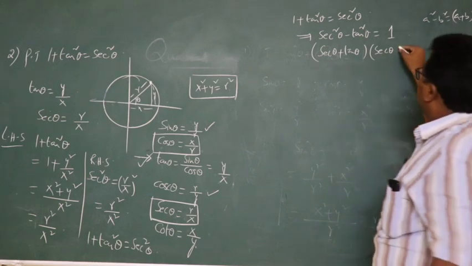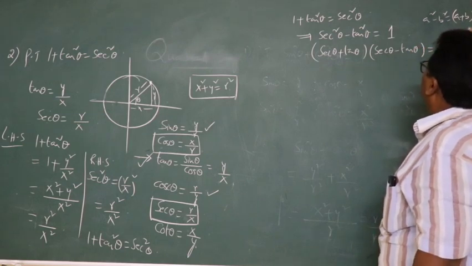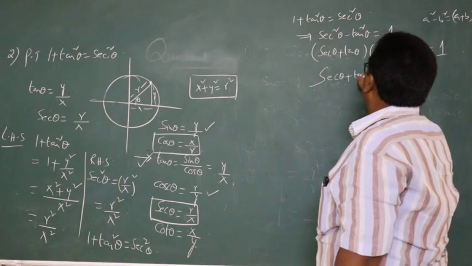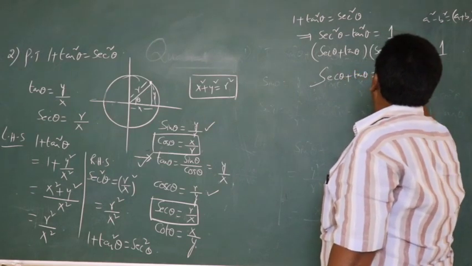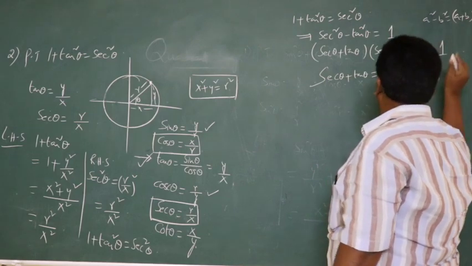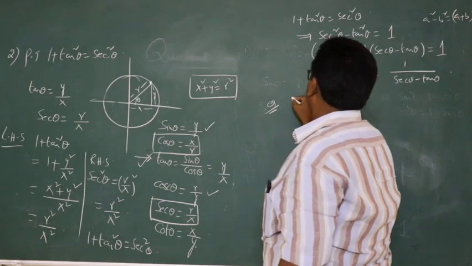So secant theta plus tan theta into secant theta minus tan theta is equal to 1. So secant theta plus tan theta is equal to 1 by secant theta minus tan theta.